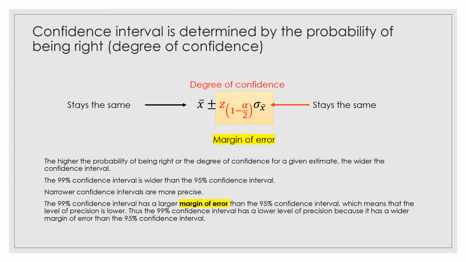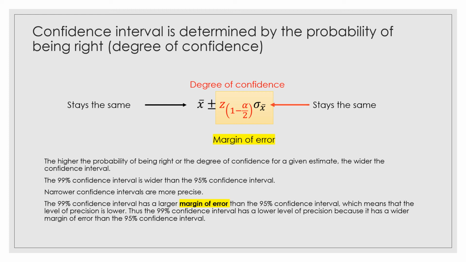So, as you can see from this equation, if the mean is the same, the standard error is the same. If the degree of confidence is larger when it's multiplied by the standard error, it's going to give us a larger margin of error.